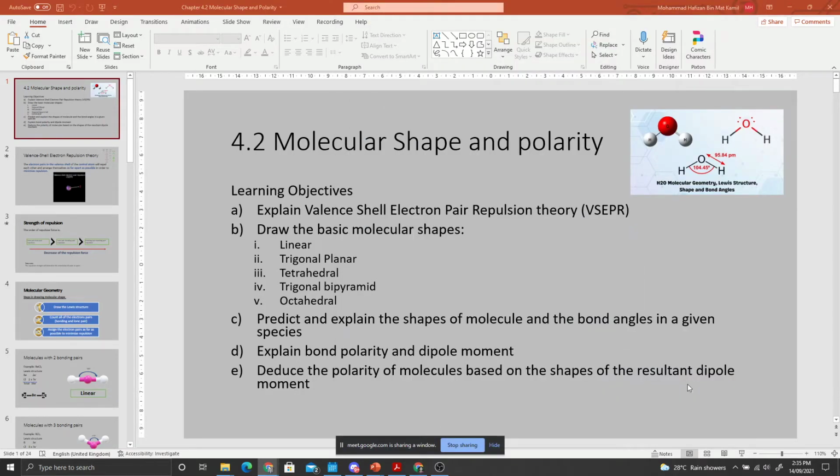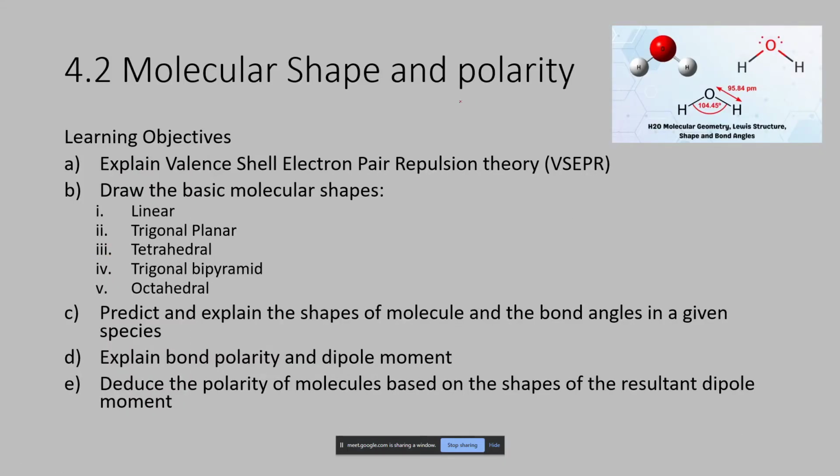So in this 4.2, you guys akan belajar VSEPR theory. VSEPR is valence shell electron pair repulsion theory, and some question will ask you to explain this theory. Apa benda teori ni? And then from this theory, we get to know that we have actually ada banyak lagi shape. Tapi untuk this syllabus, you guys akan cover this 5 shape je. Okay, 5 shape ni. And then using VSEPR, kita boleh predict and explain dia punya shape, molecule tu, and bond angles dia.